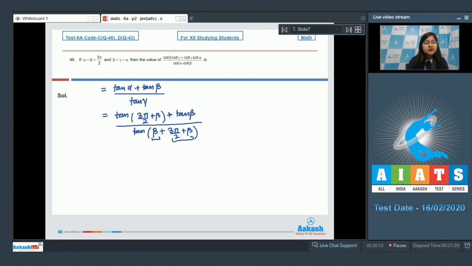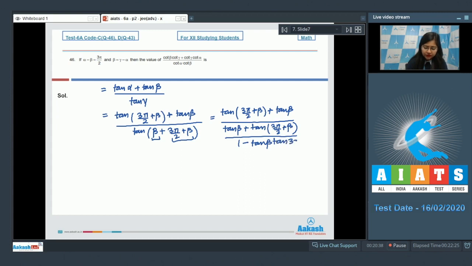So we know tan of (A plus B) is (tan A plus tan B) divided by (1 minus tan A tan B). So this is tan of (3 pi by 2 plus beta) plus tan beta, divided by tan of (A plus B), this is (tan beta plus tan of (3 pi by 2 plus beta)) whole divided by (1 minus tan beta into tan of (3 pi by 2 plus beta)).